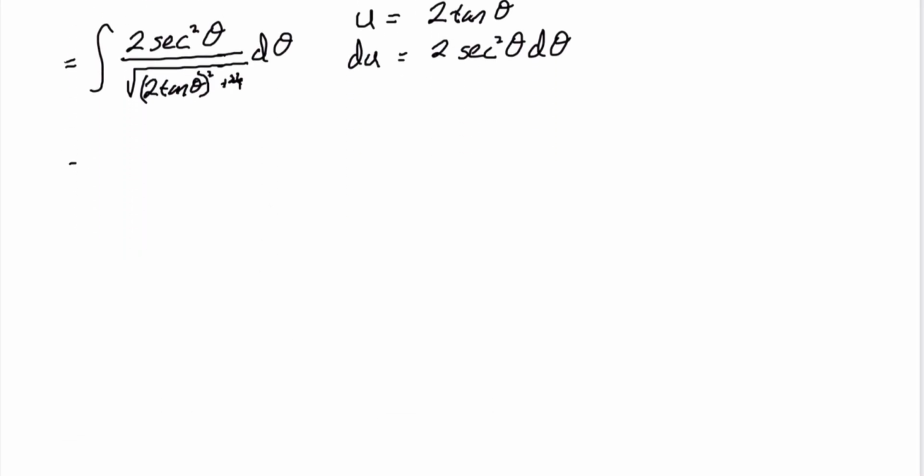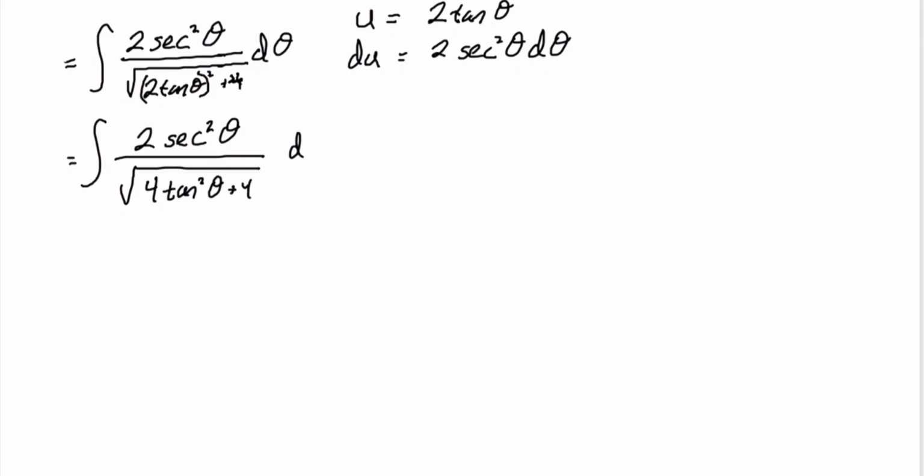Let's now focus on cleaning up that denominator a little bit. We'll just copy the top for now. The denominator, under the radical, we have 4 tangent squared theta plus 4. Remember, the goal at this point is to get a perfect square under the radical. Just copy the numerator.